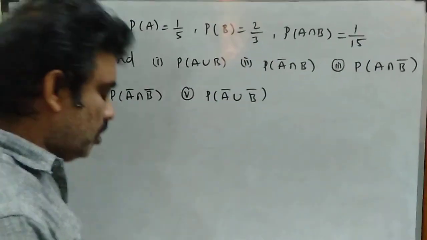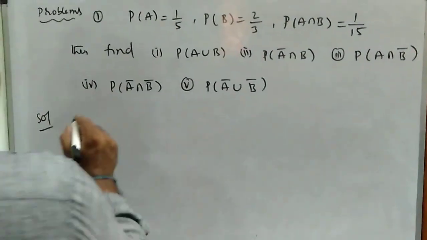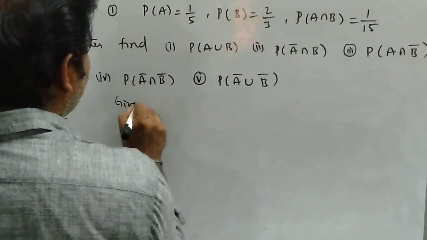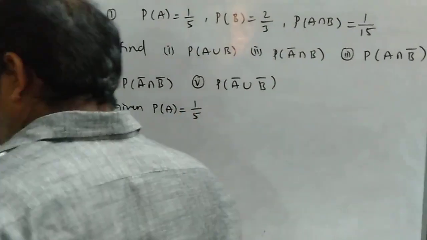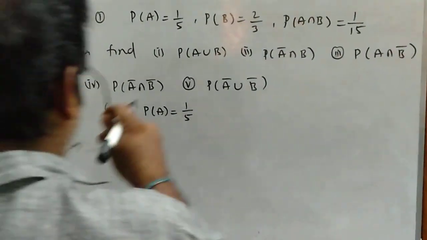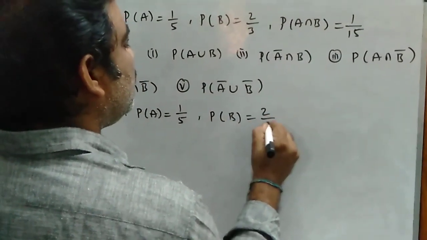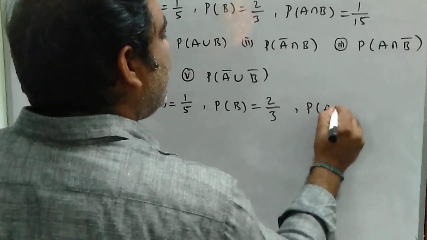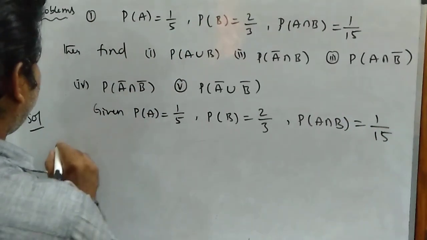So to prove these, we use the previous theorems. So one by one. First you write, given P of A is equal to 1 by 5, P of B is 2 by 3 and P of A intersection B is 1 by 15.